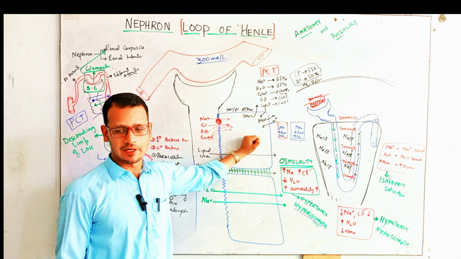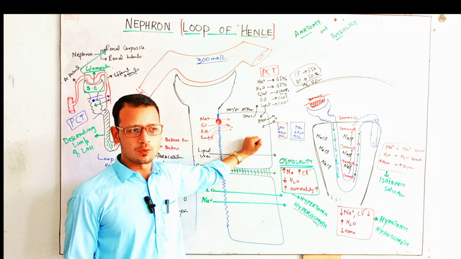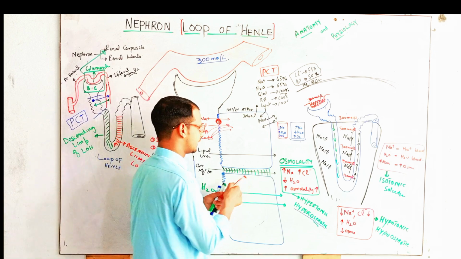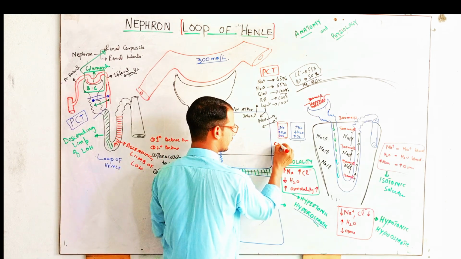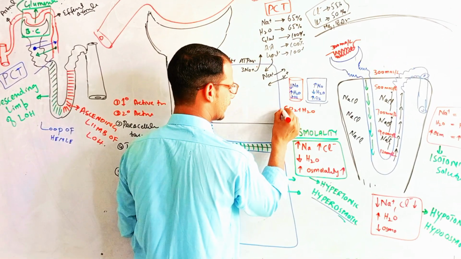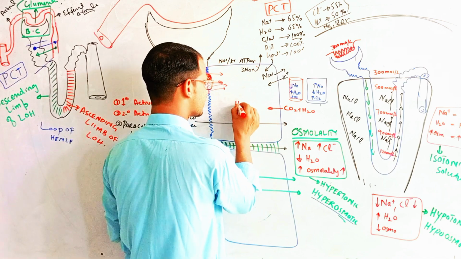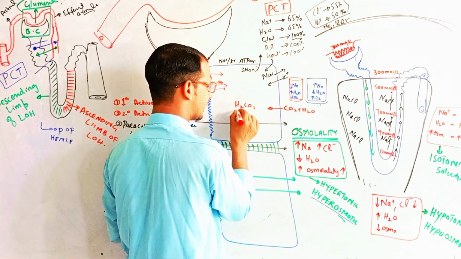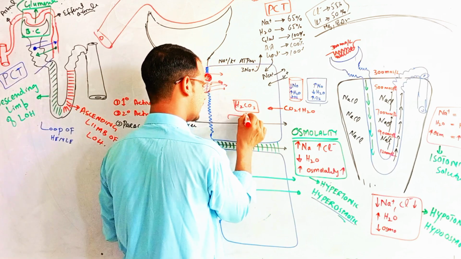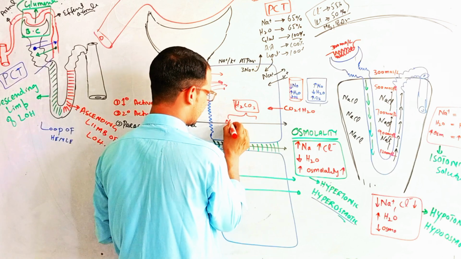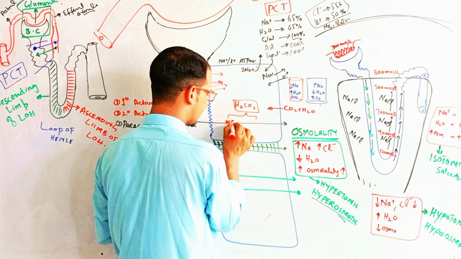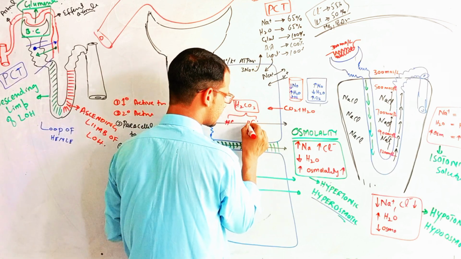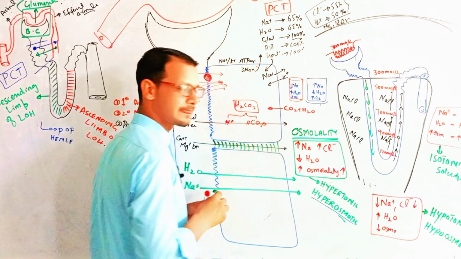They use carbonic anhydrase. How? Water and carbon dioxide react and form H2CO3, the carbonic acid. This is very unstable and breaks into a hydrogen ion and HCO3 minus.